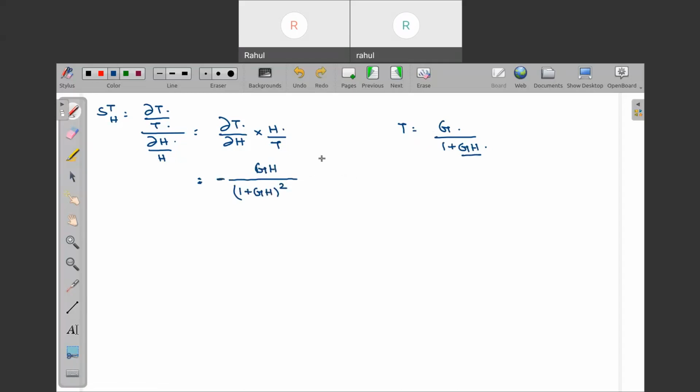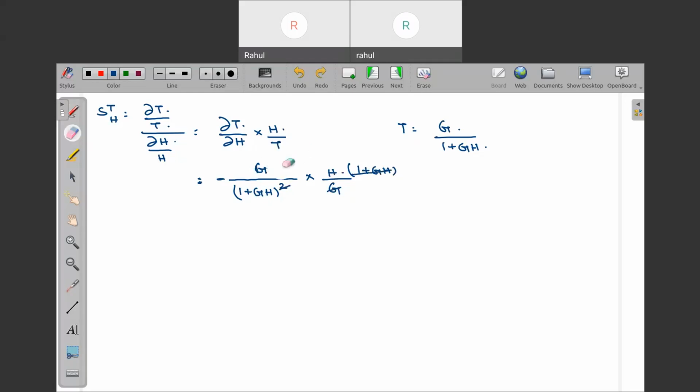So now over here we have H divided by T, so that is G over 1 plus GH. So 1 plus GH gets cancelled, and over here this G and G gets cancelled. This would have been G square, I had written H over here, sorry.